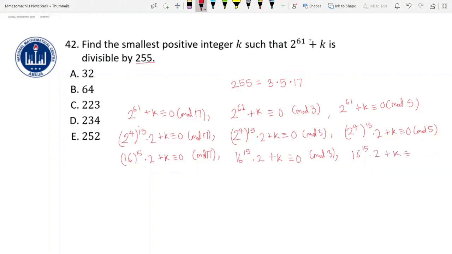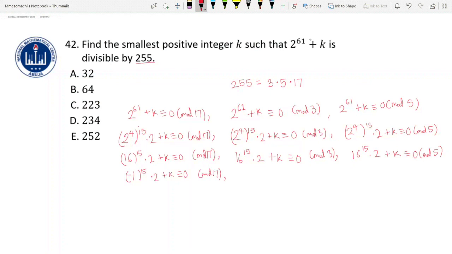So 16 is congruent to negative 1 mod 17, and once we have 1, it is much easier to handle.